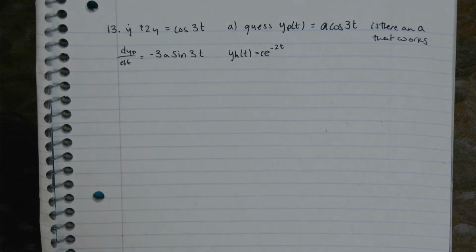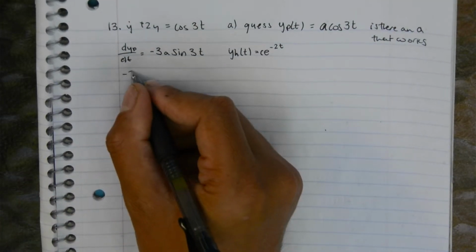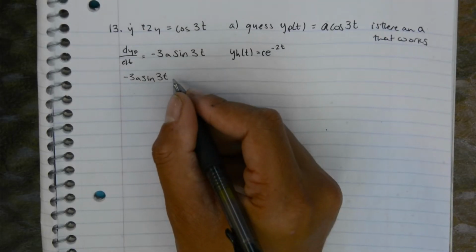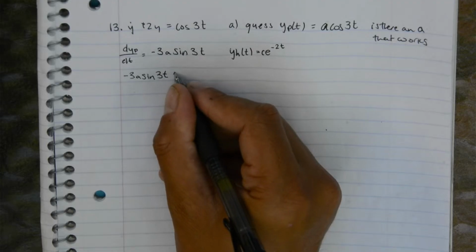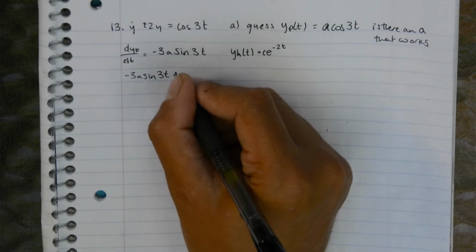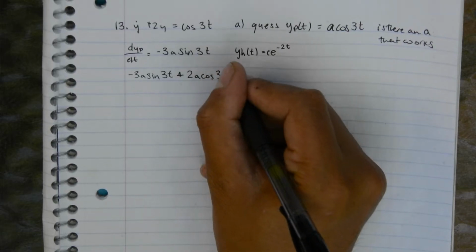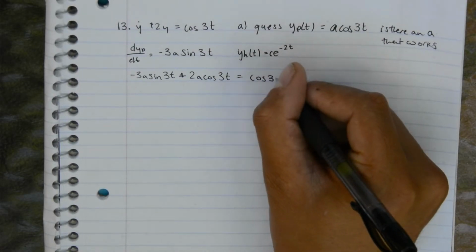The next step is we're going to substitute it in. So we're going to get minus 3a sine 3t plus 2a cos 3t is equal to cos 3t.